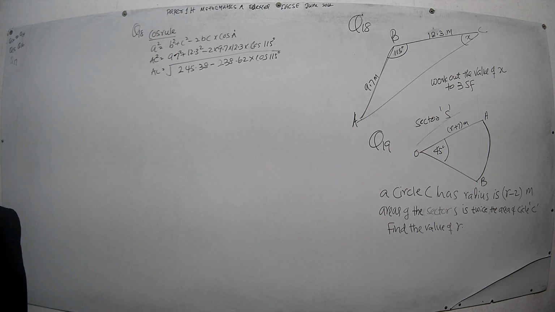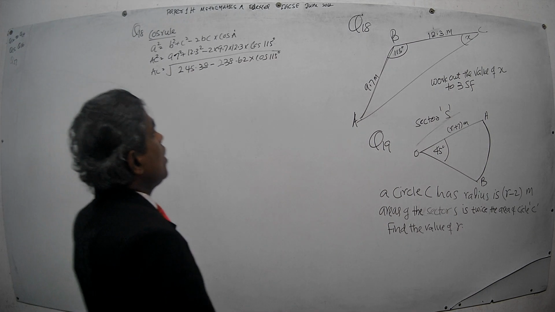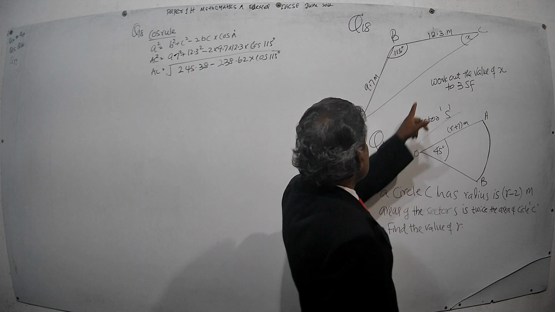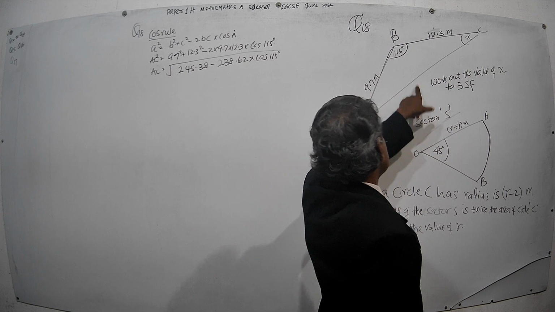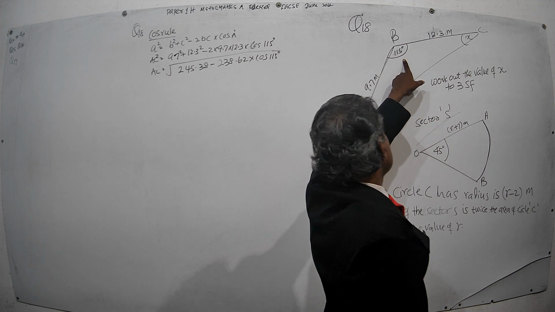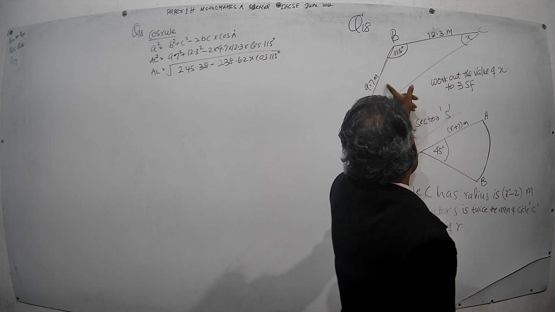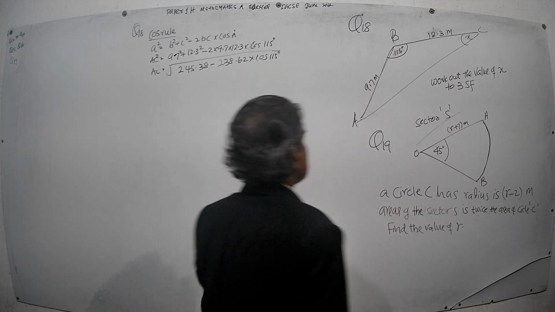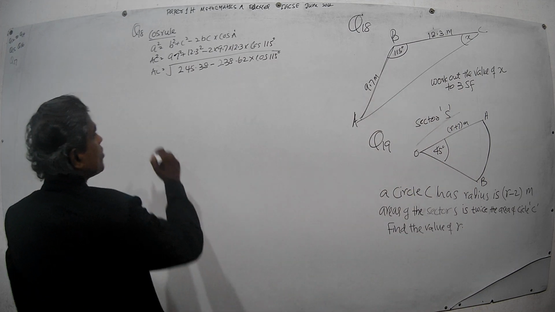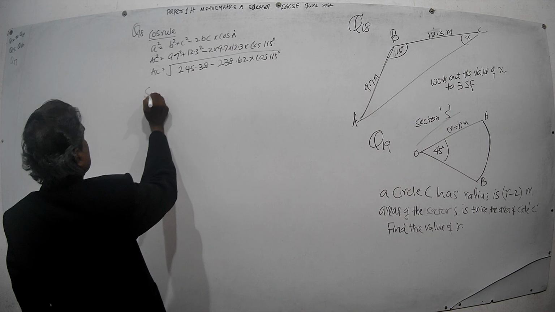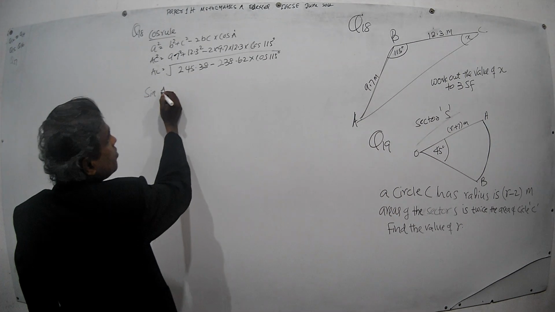Now we know AC, the side opposite this angle, and we know the side opposite the other angle, so we can apply the sine rule. What is the sine rule?